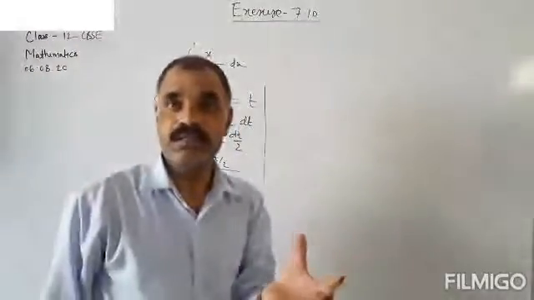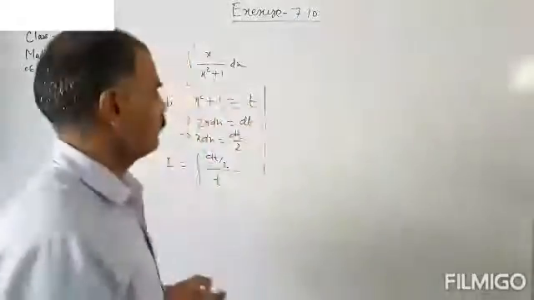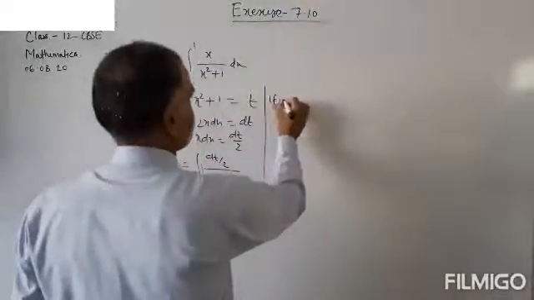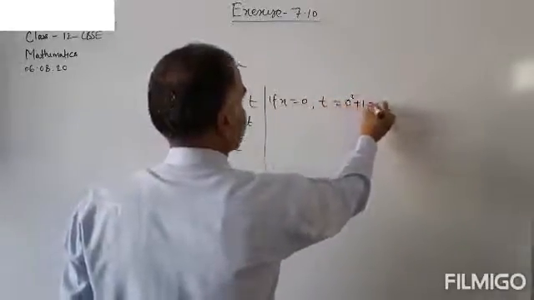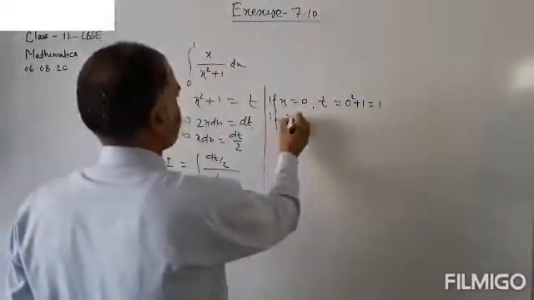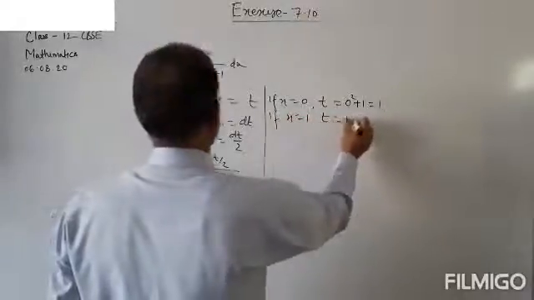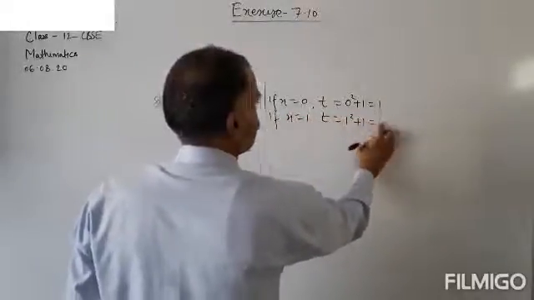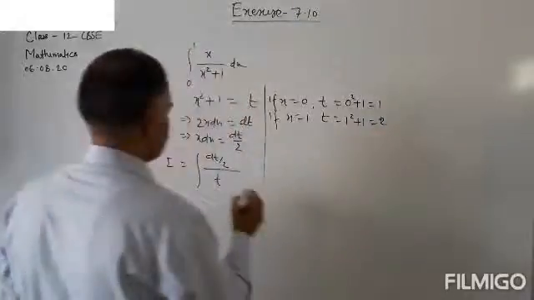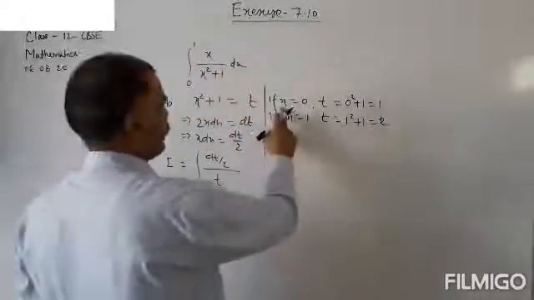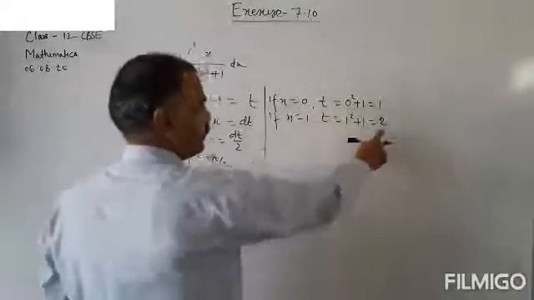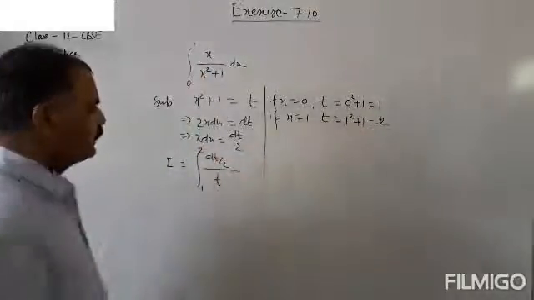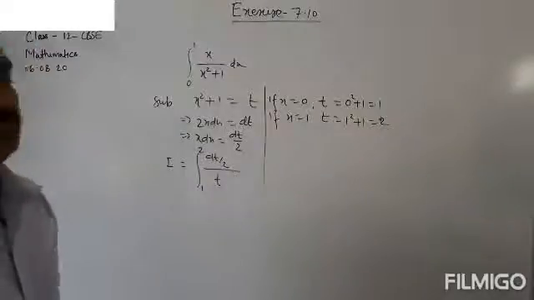New limits means the limits of the variable t. If x is equal to 0, then t is equal to 0 square plus 1, that is 1. If x is equal to 1, then t is equal to 1 square plus 1, that is 2. So the limit is t equals 1 to 2.